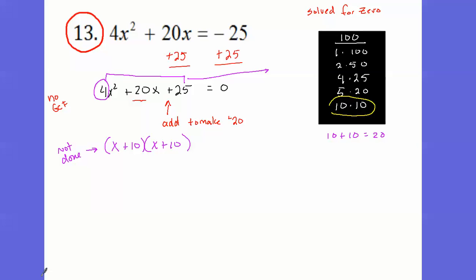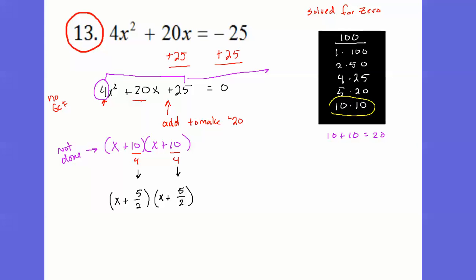What we need to remember to do is divide each of these back values by 4. We then need to remember we are going to reduce them both. This is going to be 5 over 2. This will also be 5 over 2, plus x and plus x.